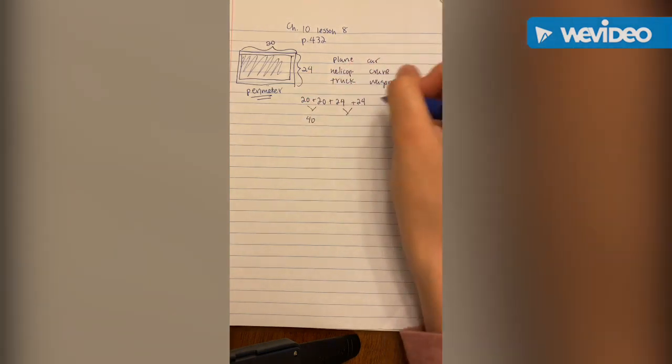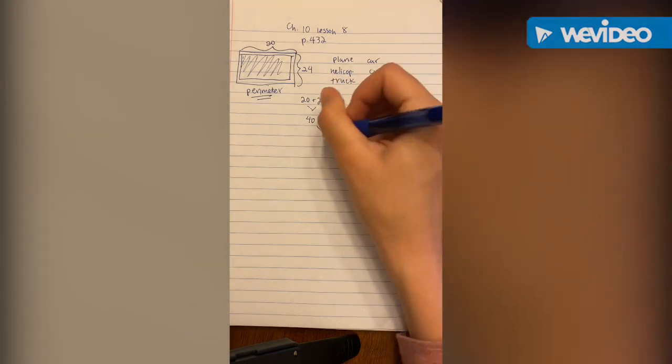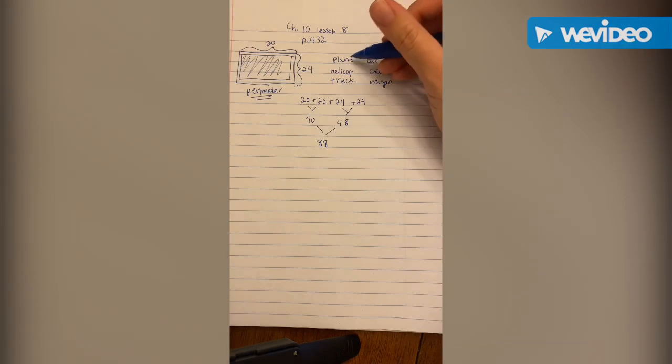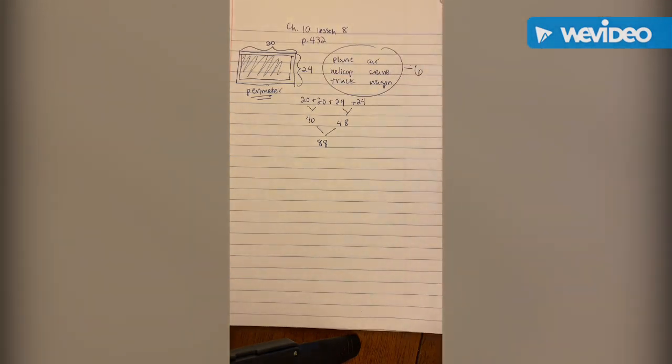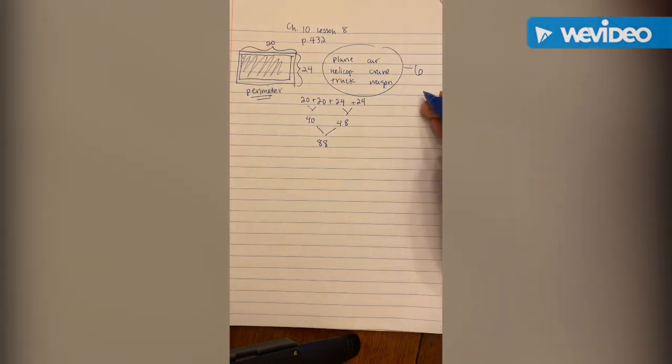Add these together, we get 48. Add them all together, we get a total of 88. Now, our perimeter is 88 squares, and we have 6 designs.